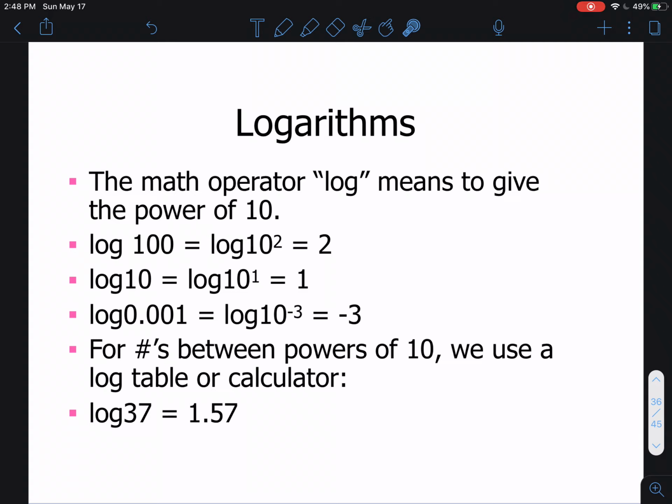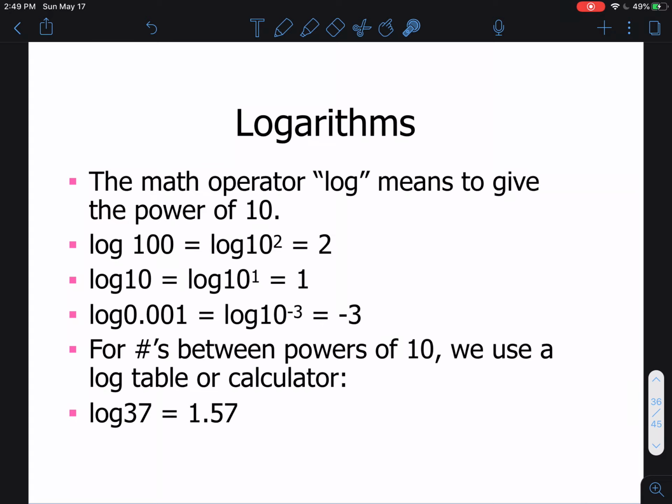Having a concentration of 3.0 times 10 to the negative 7 isn't necessarily intuitive. But if you have something that's like, oh, it's a pH of 4 on a scale between 0 and 14, you can easily understand what that means right off the bat.